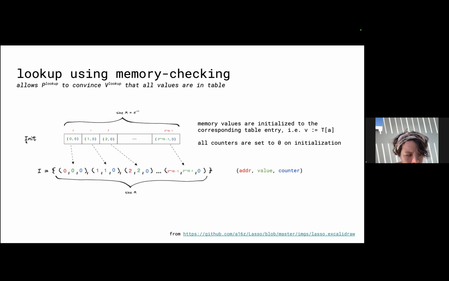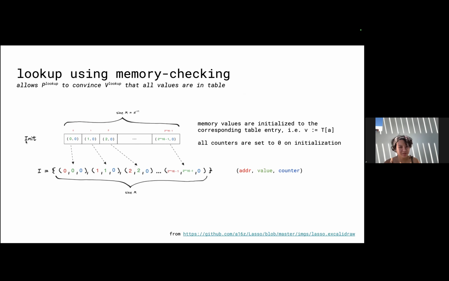Right. So how to build a memory checking argument using an index lookup? Okay.